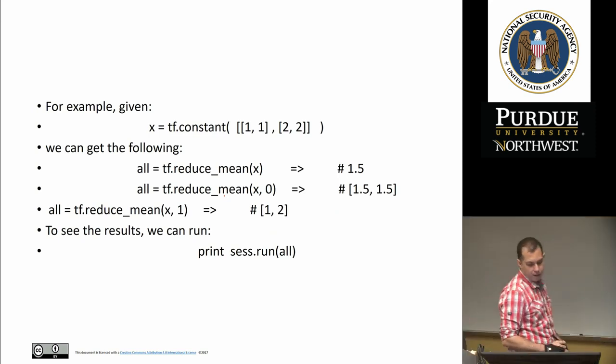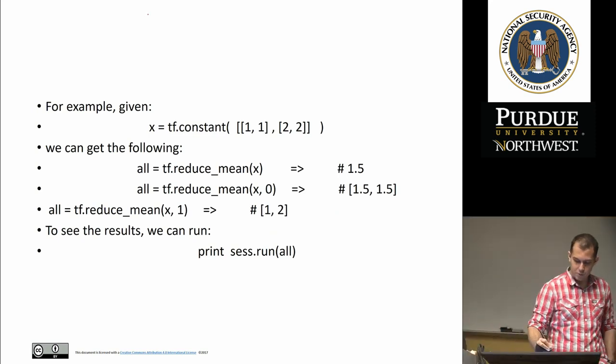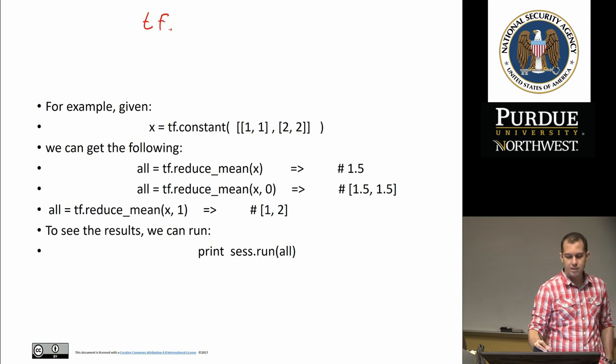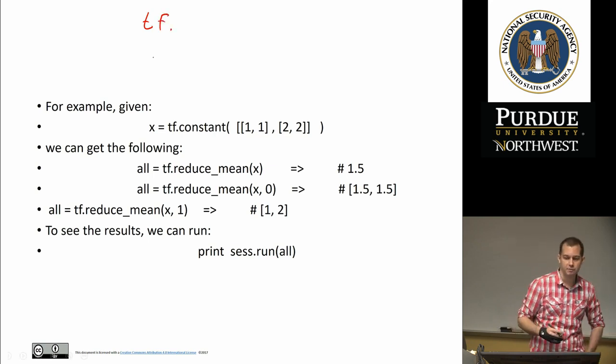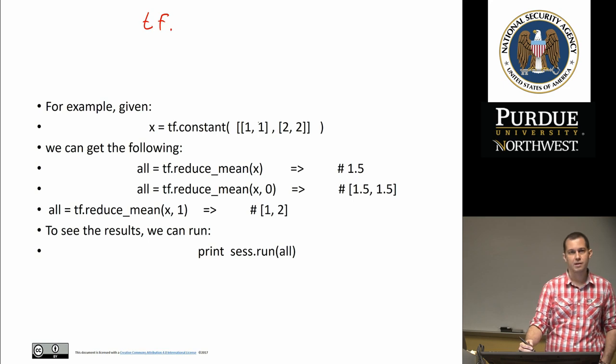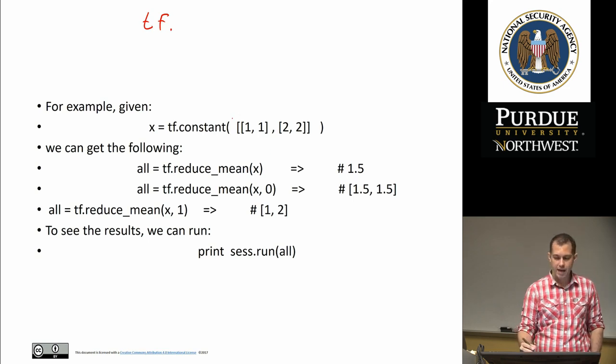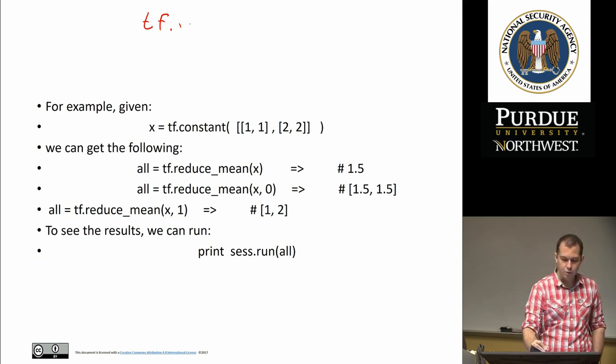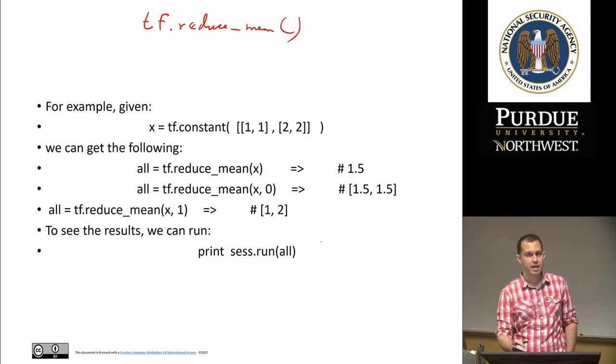So here we have another example of tf.reduce_mean. In the back of the book, I added an appendix that provides a list of some of these, so it has tf.reduce_mean, and then an example of how it works.